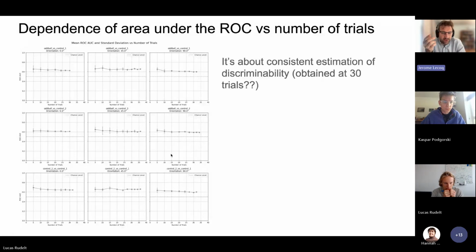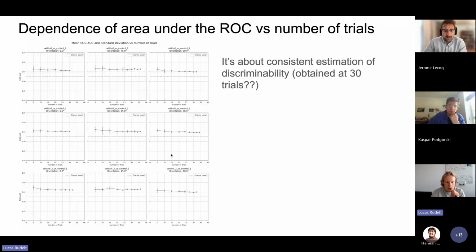I think my interpretation of your plot agrees with your assessment: with fewer trials, the measurement should be the same, it's just more noisy. And so in your plots, I think it's the error bar that is really important here. How well can you say this is different from chance level? That's my interpretation.